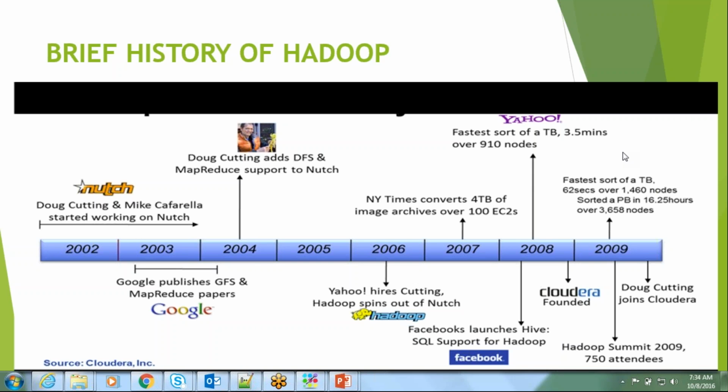Druid is one of the tools, I was surprised, I never knew it. Drill, Presto, which are SQL engines, and Flink, Spark SQL, Spark MLlib, Spark GraphX. There are so many tools coming into the market, but all are based on this technology only.